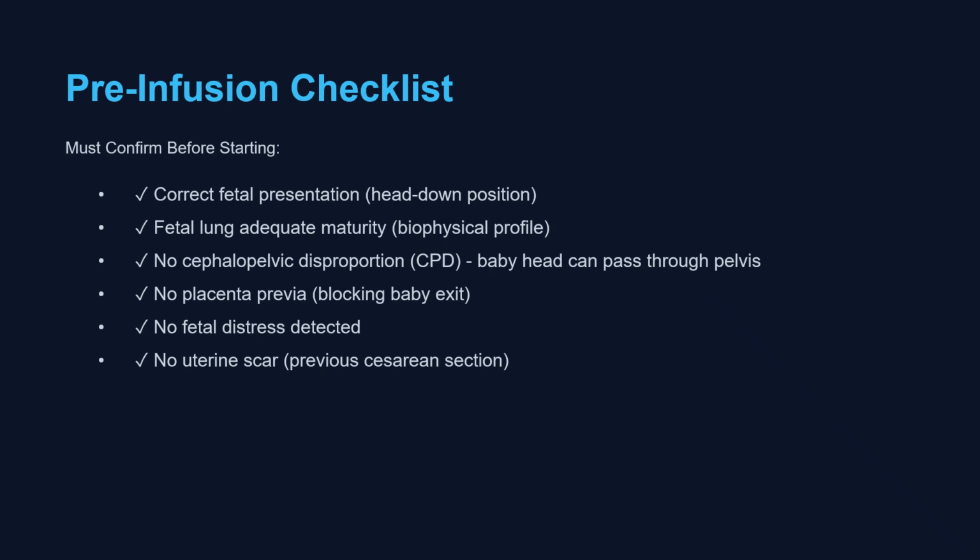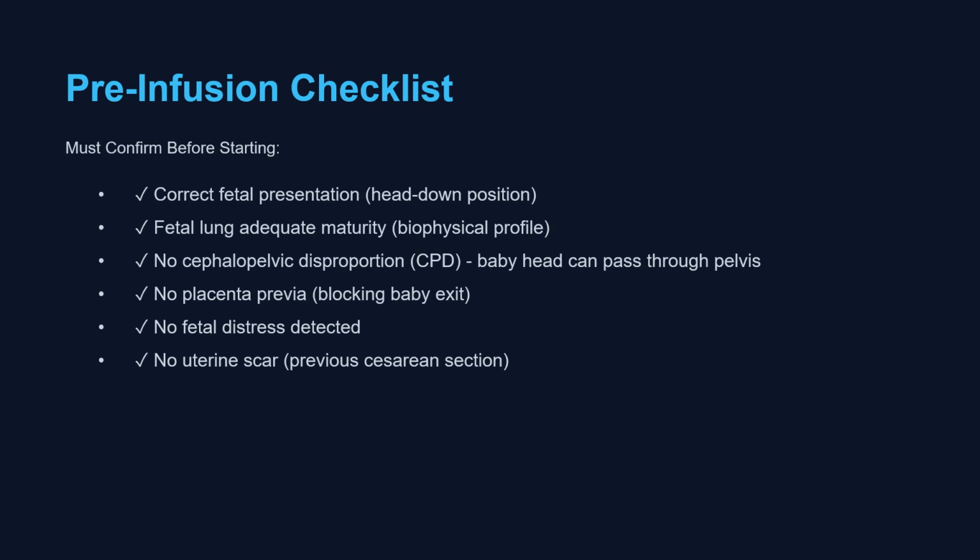Before starting, confirm that the head and position of the baby are correct. Second is fetal lung maturity, whether the fetal lungs are mature and adequate to breathe once the baby is out. Another is no CPD, meaning the baby's head can pass through the mother's pelvis. If it cannot pass, oxytocin should not be given, so you need to assess this beforehand.